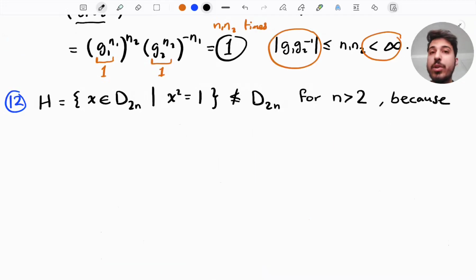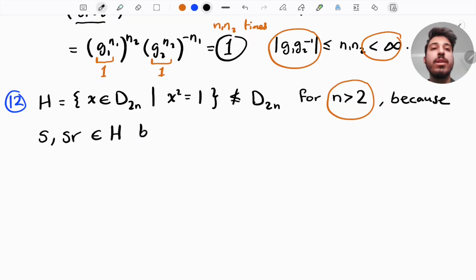Now I'm going to be showing you an example of a subset that is not a subgroup, and I will prove it. If H is all the elements in the dihedral group D2n such that x squared is equal to the identity, this is not a subgroup of D2n for n strictly bigger than 2, because we have that two elements S and SR are in fact elements in H because they satisfy the condition x squared equals 1.